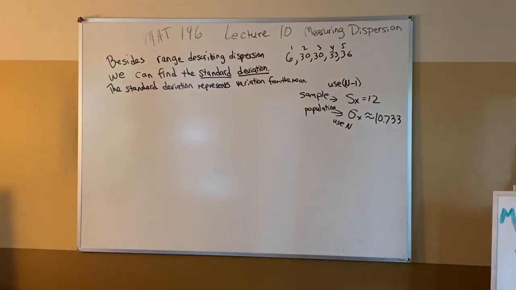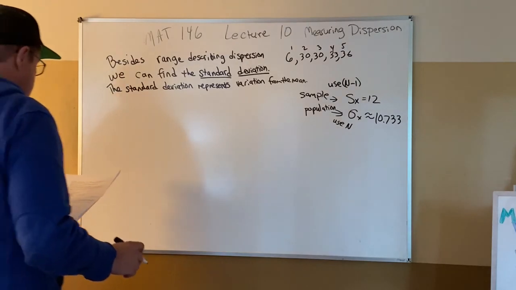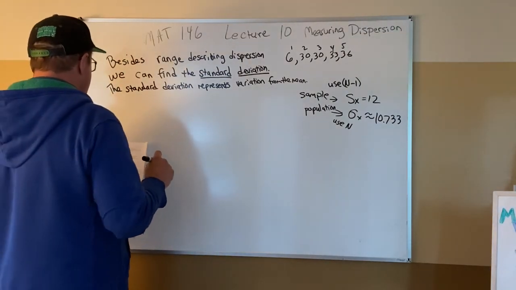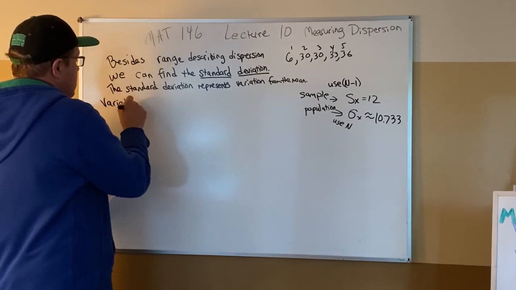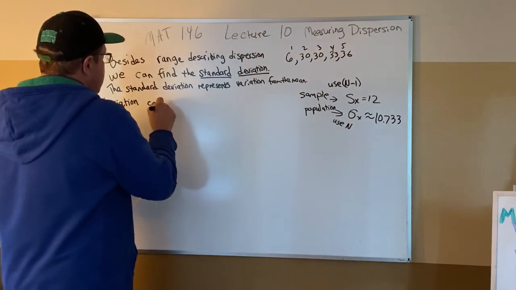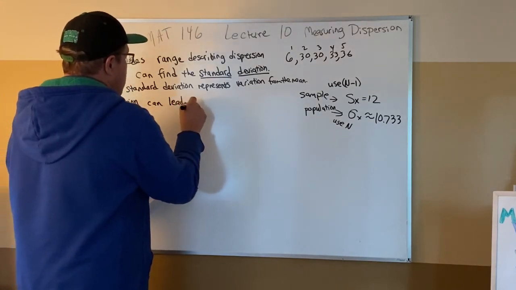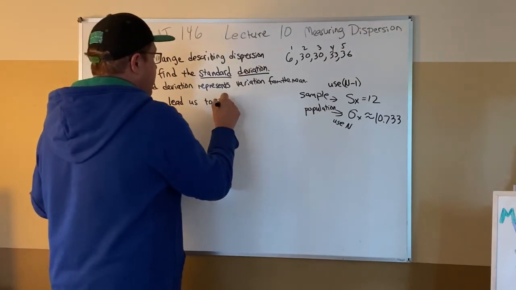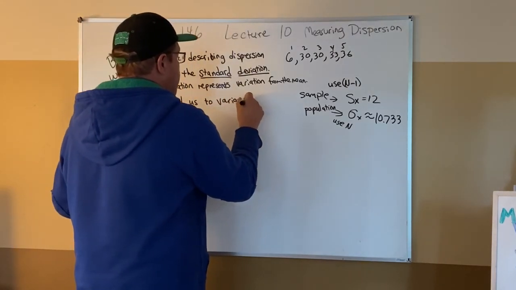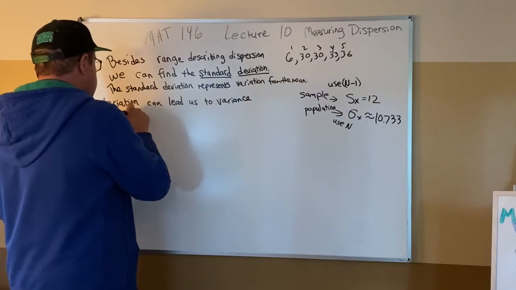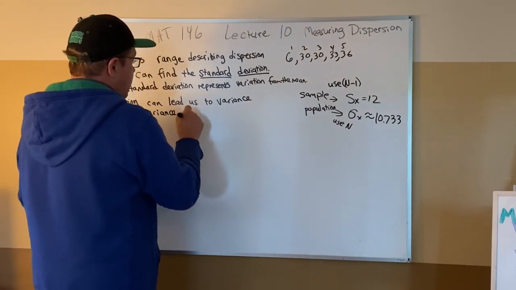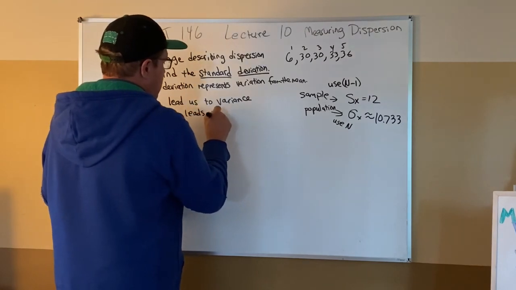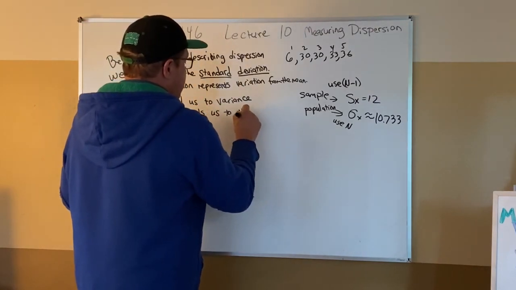So there's a process for finding this. What happens is variation can lead us to almost the same word, to variance. And variance leads us to the standard deviation.